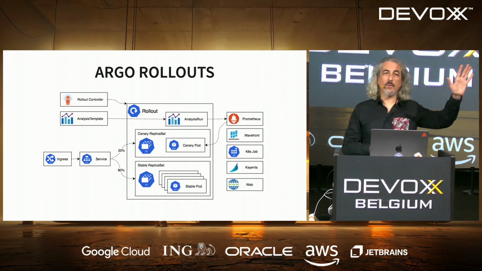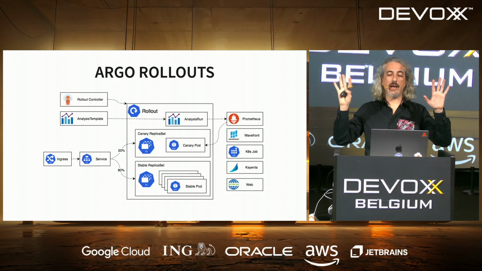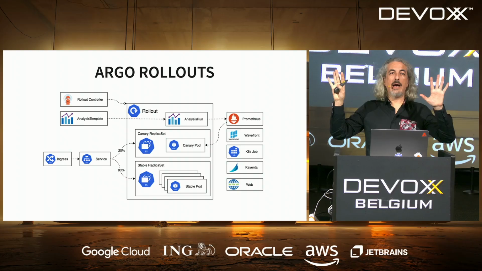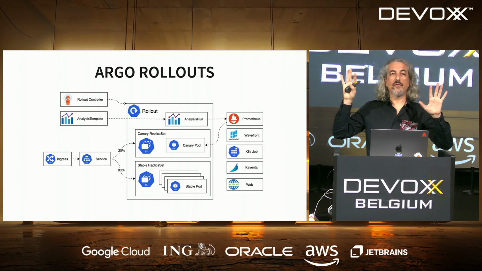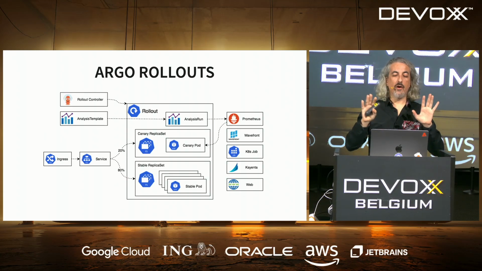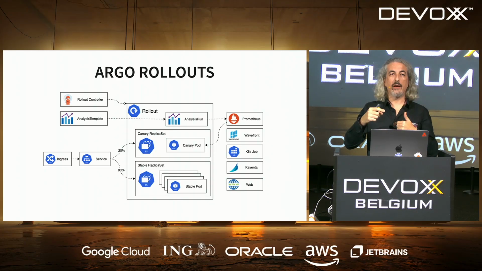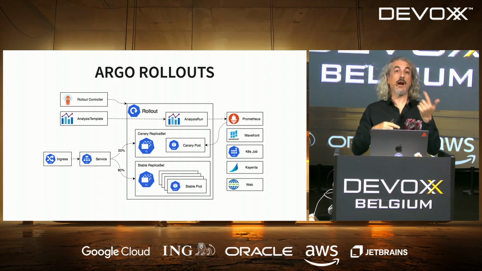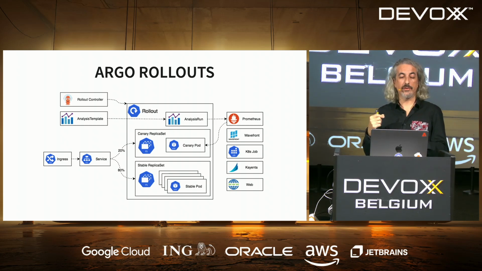So you have a stable one, and Argo creates a canary one, and then it increases based on the rules you set on the rollout. It increases the number of pods in one and decreases the one in the other. So over time, you will have more canary pods, less stable pods, depending on the rules you set.